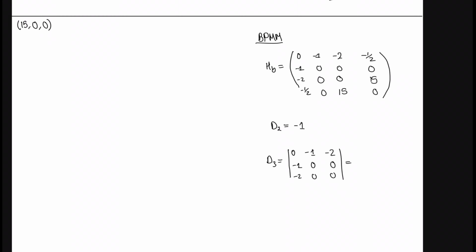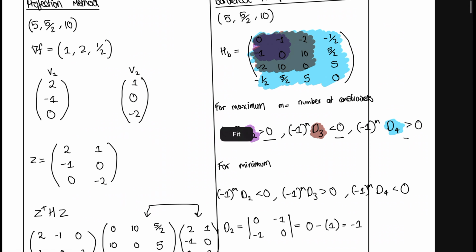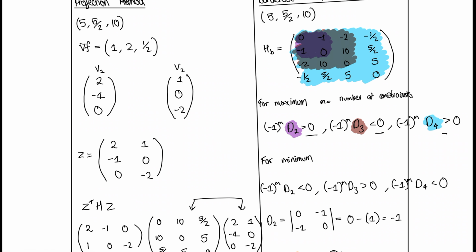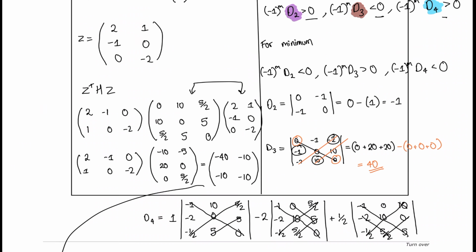When we work out the determinant of this matrix, you might be able to see that we're going to get 0. And going back to our rules, the rule states that these should be greater or less than 0, not equal to 0.